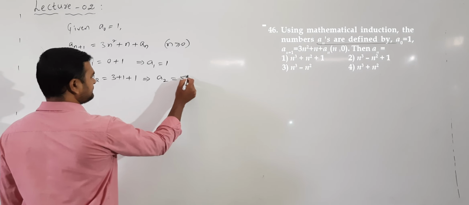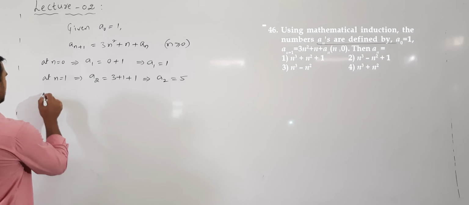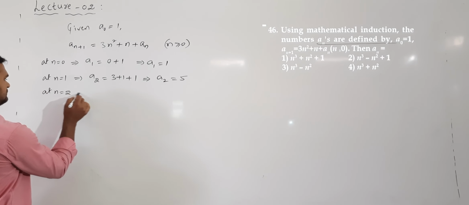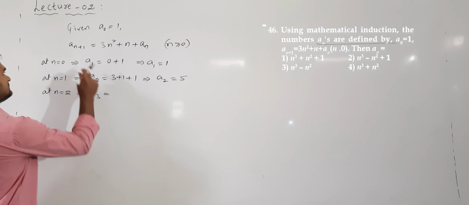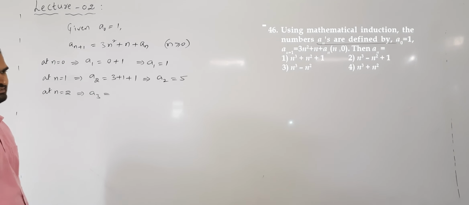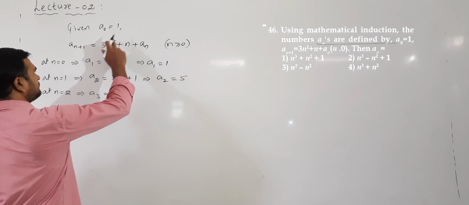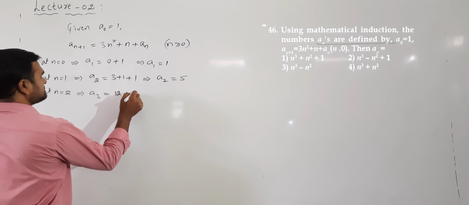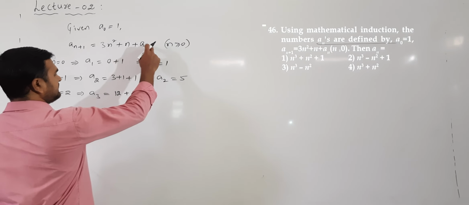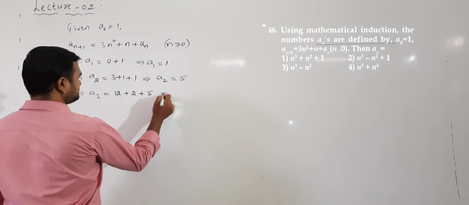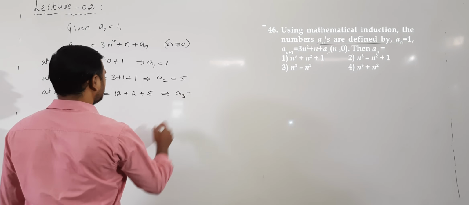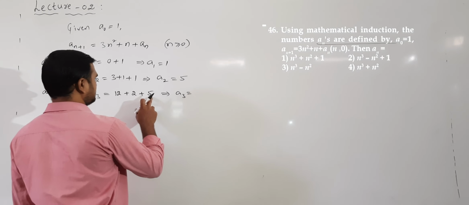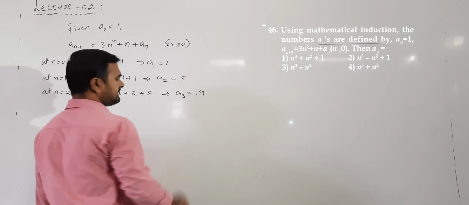So what is a2 here? It is 5. Next, at n equal to 2, substitute in this, n is 2 means a3. So 4 into 3, 12, plus 2 plus a2. a2 is 5. So what will be a3? It is 19, and so on.